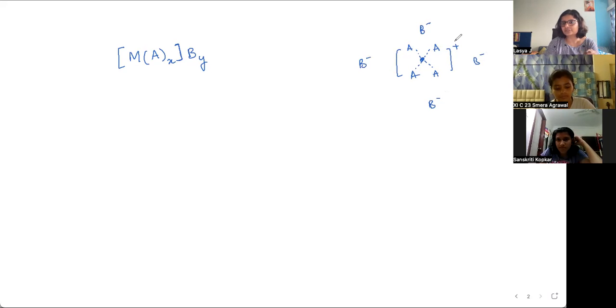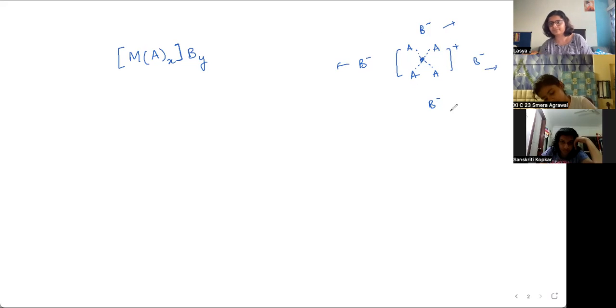So this is the coordination complex, that's what we call it. Whatever is inside the coordination complex is joined by coordinate bonds, and that's non-ionizable. Whatever is outside can get out easily. So this is quite ionizable. You can think of it that way. This is obviously not an accurate figure. It's just to have an understanding.